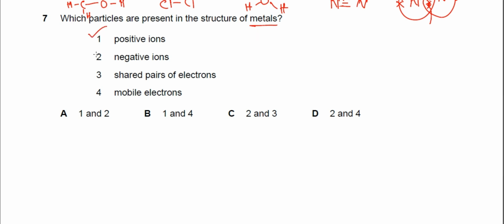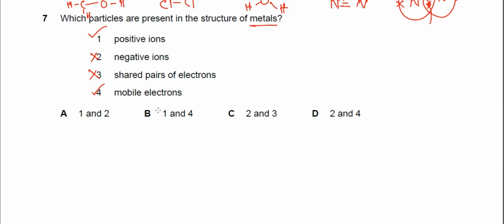Yes. Are there negative ions? No. As I clearly mentioned, positively charged ions surrounded by a sea of electrons. So no shared electrons, because this is not a covalent molecule, only mobile electrons. So statements 1 and 4 are correct, not all.